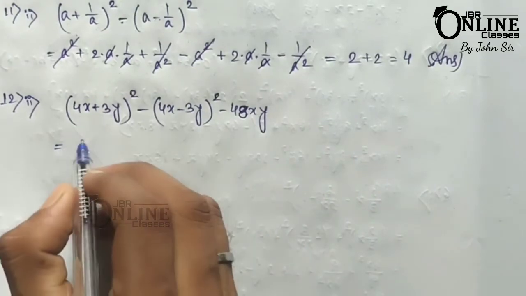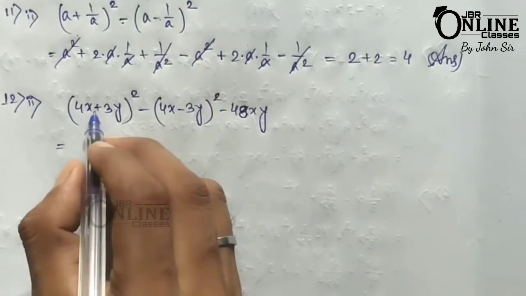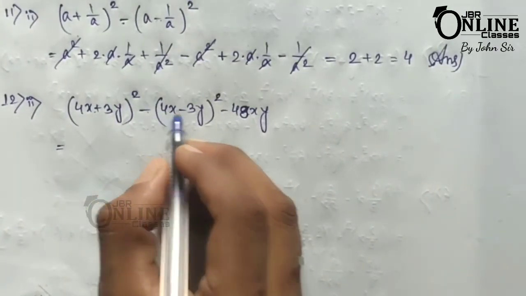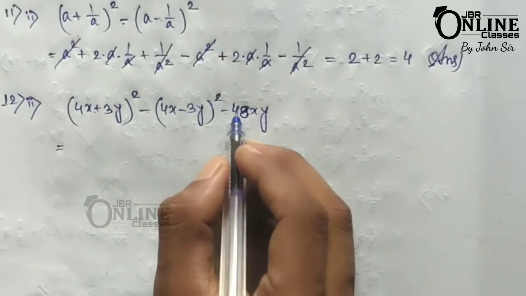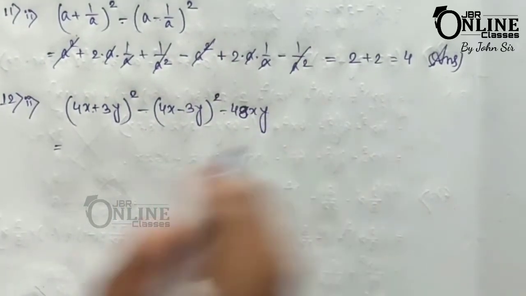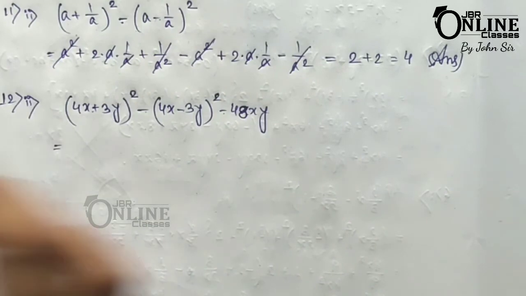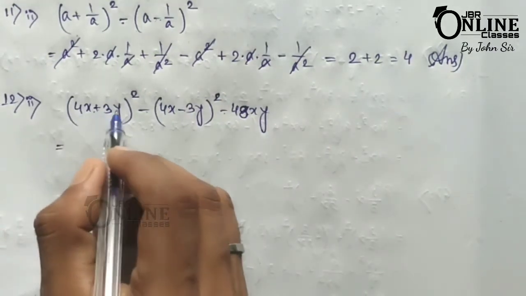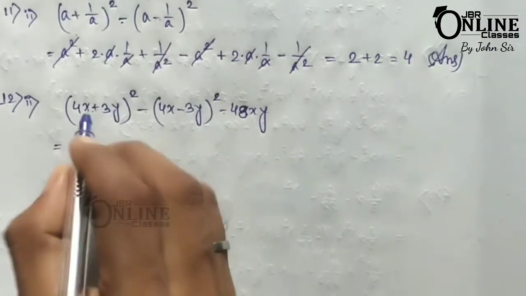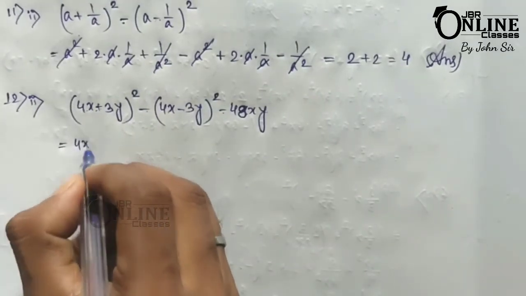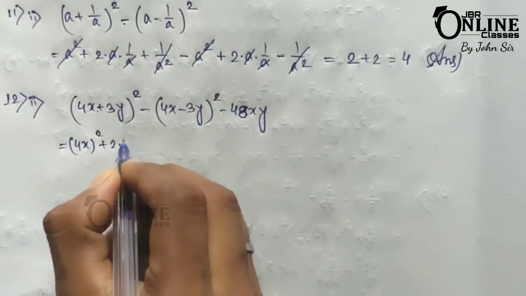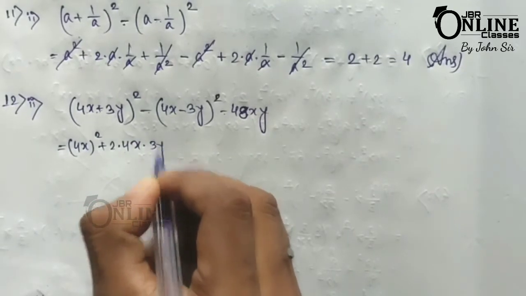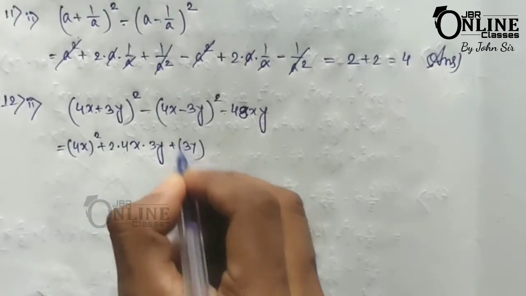So now sum number 12 (2). It is (4x plus 3y) whole square minus (4x minus 3y) whole square minus 48xy. First you have to break down this formula as a plus b whole square, and this one as a minus b whole square. So a plus b whole square means 4x whole square plus 2 into 4x into 3y, and the last one 3y whole square.